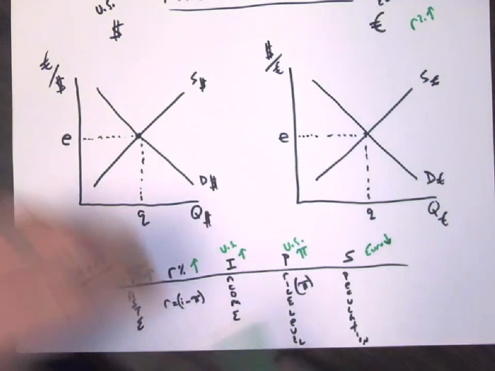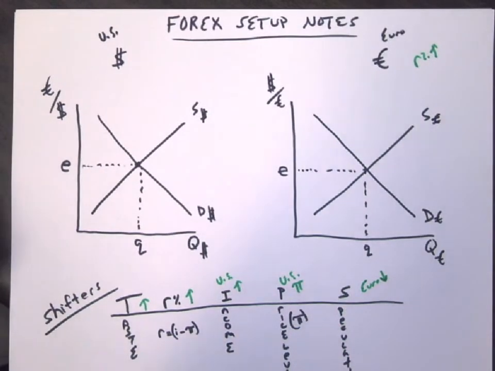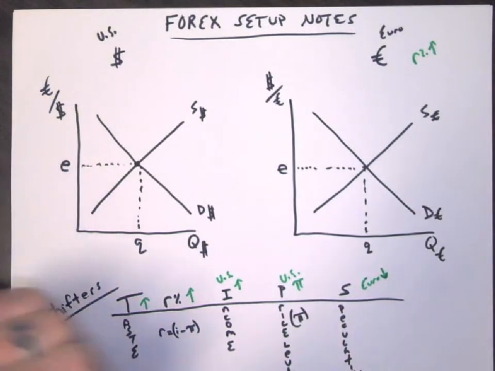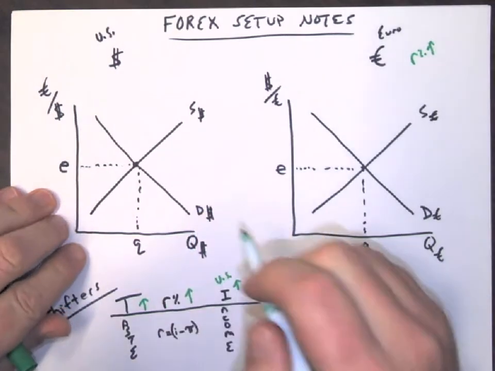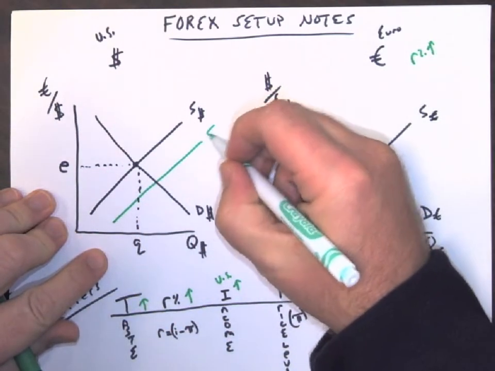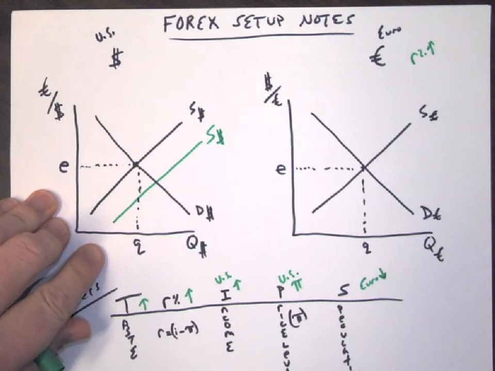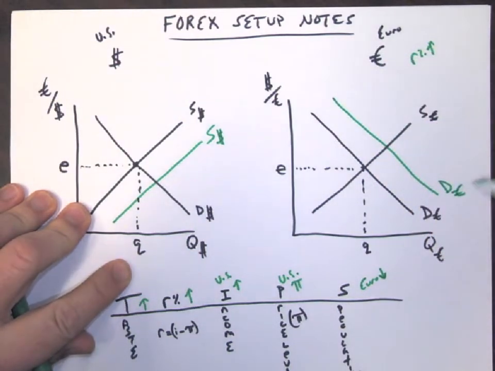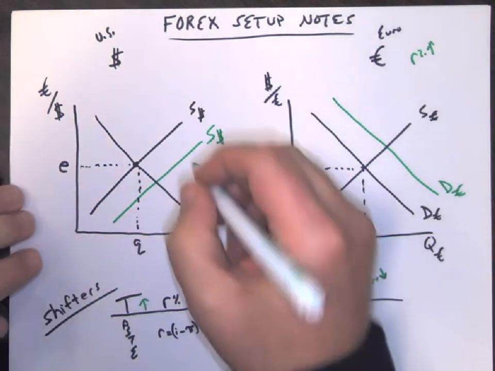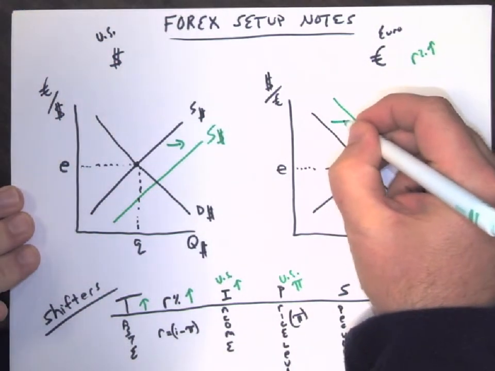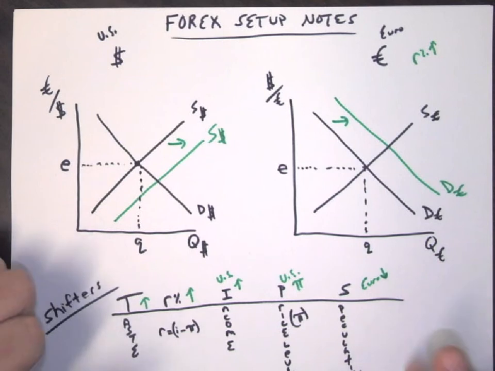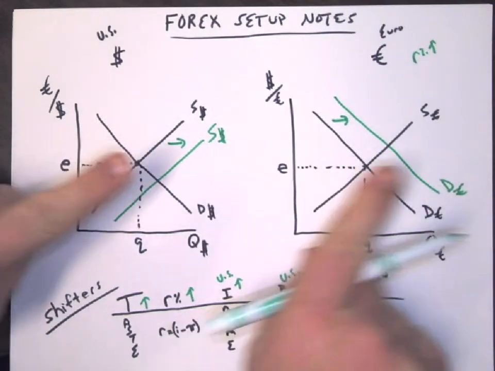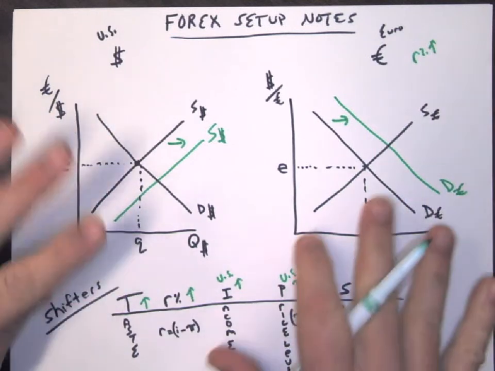So think of it like this. You go to the bank with your US dollars and you need euros for any of these reasons. I'm going to put my dollars back into the supply, and I'm going to demand euros. So supply goes up of this one, demand goes up of this one. In foreign exchange, there's always supply of one, demand of the other, and they will move in the same direction, no matter which way I do this.